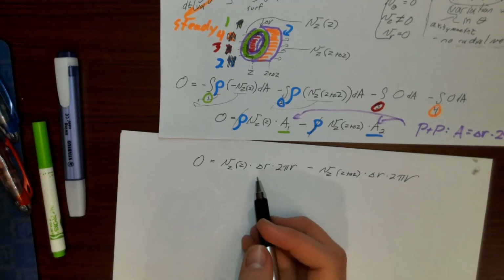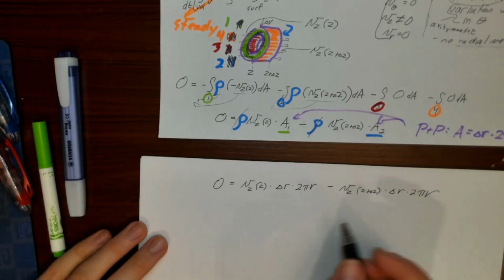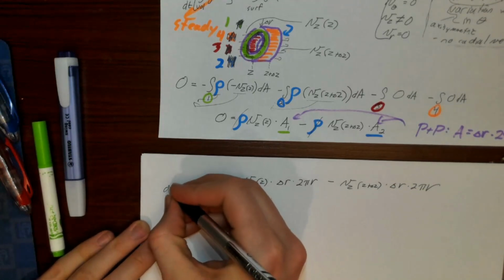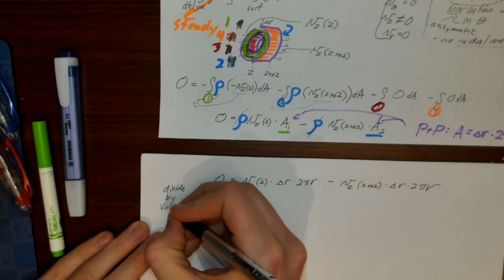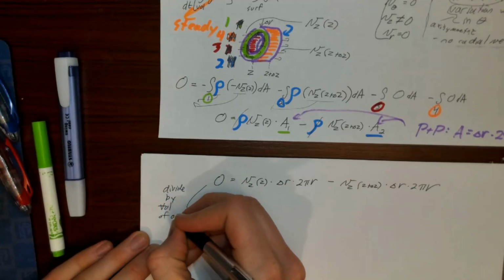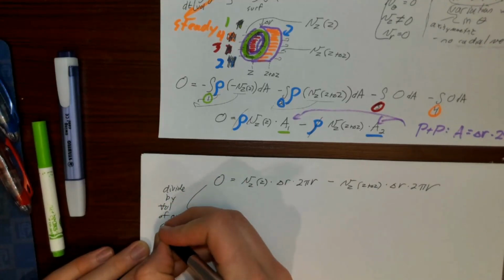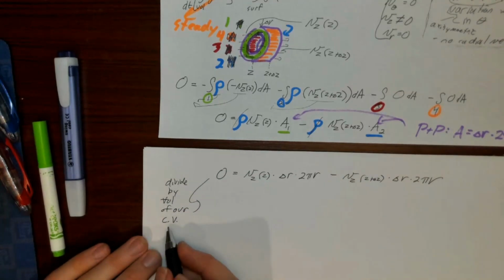And last time we said, once we got to a point like this, a useful strategy is to divide by the volume of our shell, or of our control volume.